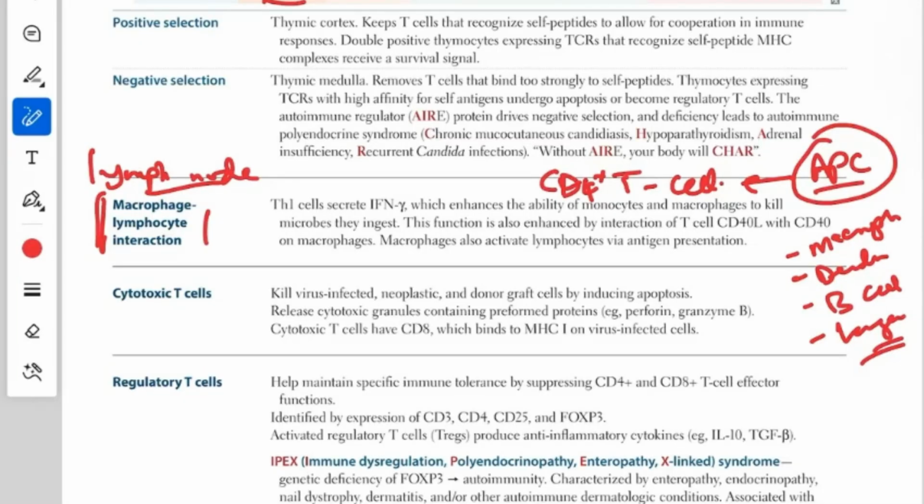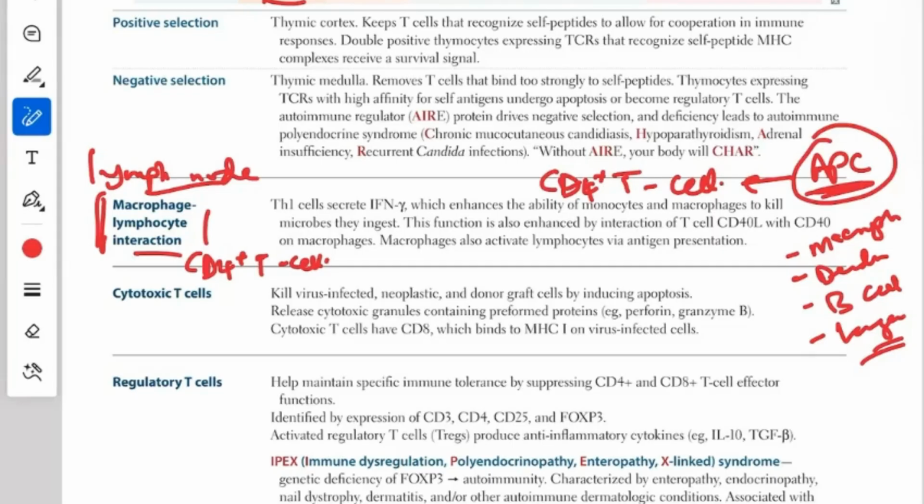This macrophage-lymphocyte interaction is more for the CD4 T cell. It's the one that interacts with the APCs. So the APCs are the eyes and ears of the CD4 T cell. The CD4 T cell will not know what's happening if the APCs do not bring information to it.